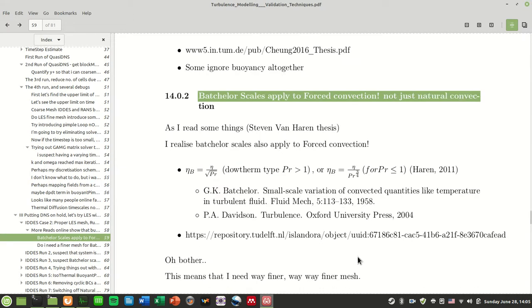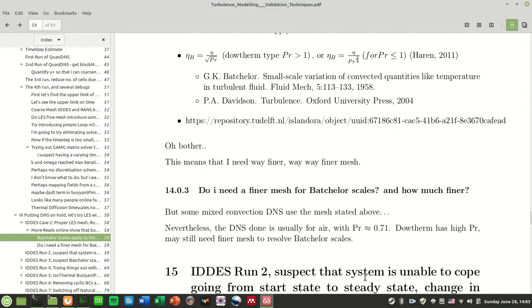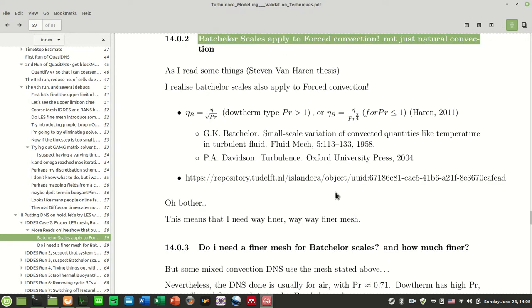Okay, so that means my mesh actually needs to be made a lot finer. However, I think from some of these papers online, it says that you only need to refine the mesh in the wall normal direction to suit the Batchelor scales. In the streamwise direction and in the spanwise direction for channel flow, you do not need to worry about that.